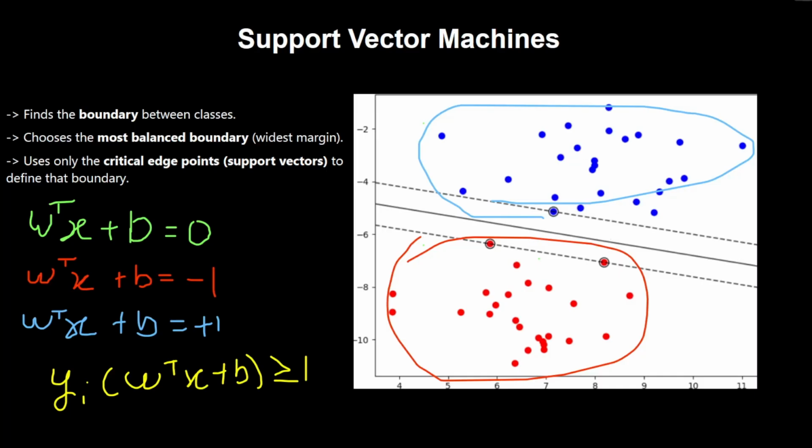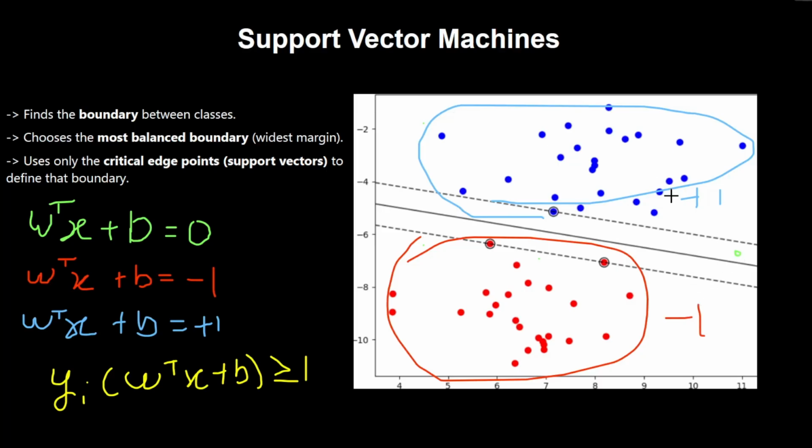So here in SVM, these points belong to the class -1. Here it belongs to the class +1. Here this middle line is the 0 line. So this is the separation point. It will belong to neither of these classes. That's why it's 0.